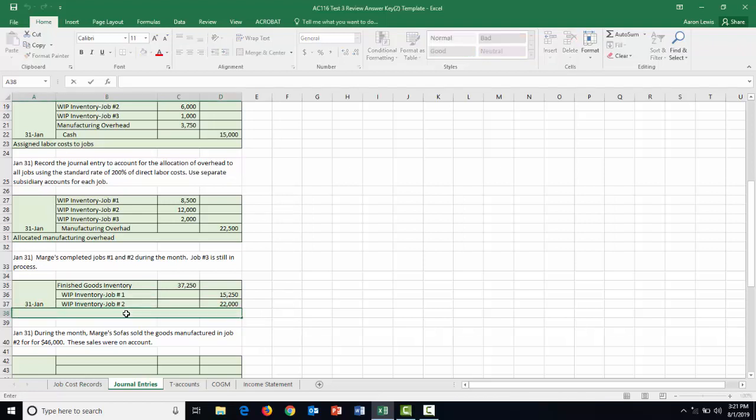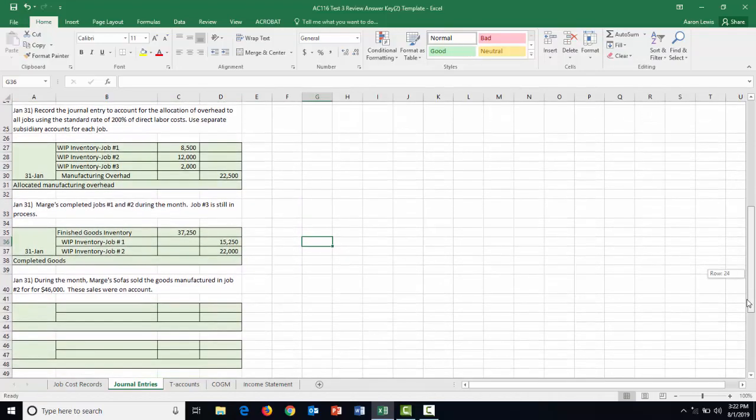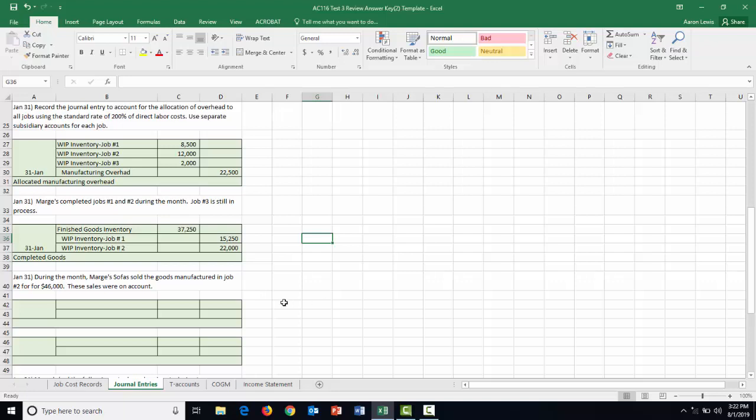What we did here is we completed goods. We took the costs of all it took to produce job 1 and 2, and since they're no longer in process, we moved them out of work in process and into finished goods. We got a sale coming up next, and it's during the month. Marge's Sofas sold the goods manufactured in job number 2 for $46,000. These sales were on account. Let's record the sale first.